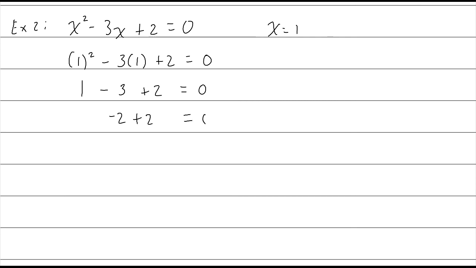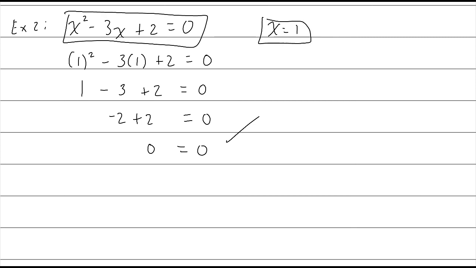And negative 2 plus 2 is 0. So check, we have an equivalent expression. Another thing I wanted to say, this equation and this equation are very different, but they're equivalent. They're equivalent because the equality is still true.